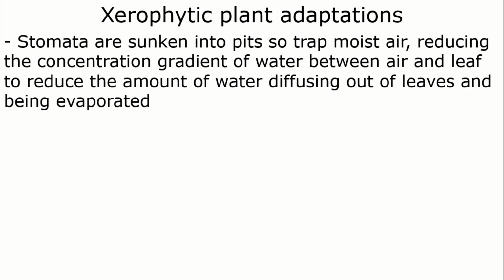So essentially, if you think about a desert, in the height of the day, it's often very, very hot. But as the air cools at night and possibly becomes a bit more moist, these stomata, when air travels over these pits that they're sunken into, they can trap this moist air in these sunken pits.